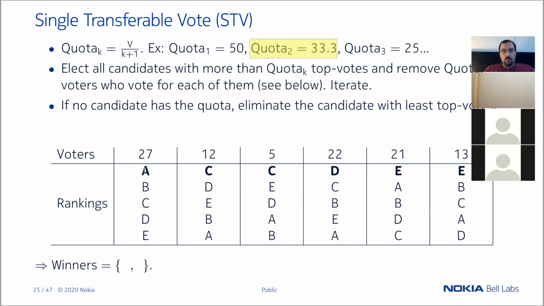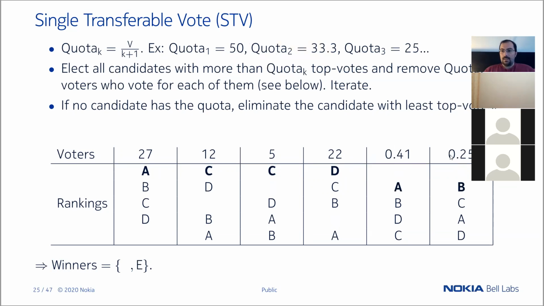So here we have 27 votes for A, 17 for C, 22 for D, and 34 for E. Since we want to elect a set of two candidates, the quota is 1/3 of the voters. So candidate E has 34 voters, so it's enough to be elected right now.